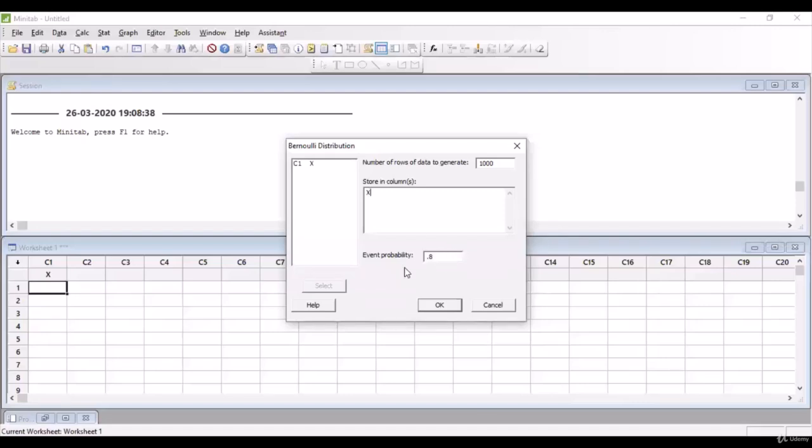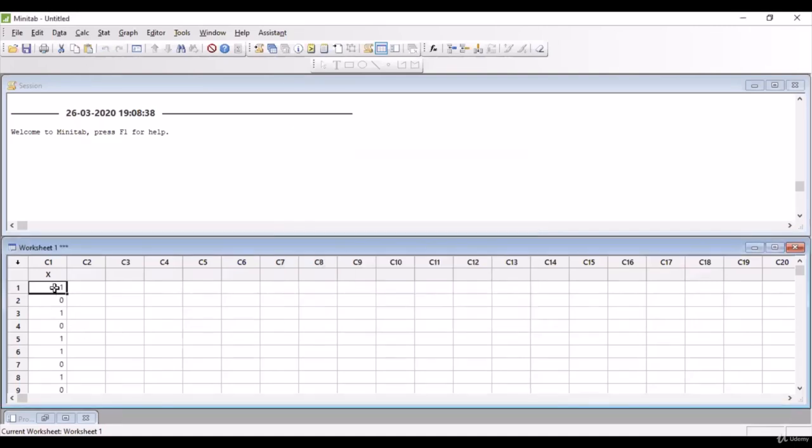Event probability is something I have to specify. Whatever event probability I specify, the system will generate the data accordingly. If I say 0.6 here, any event that occurs with 0.6 probability will show as a 1. Let me run this.